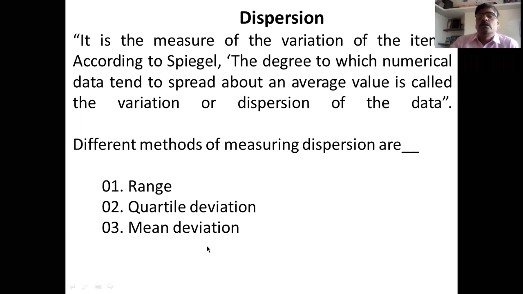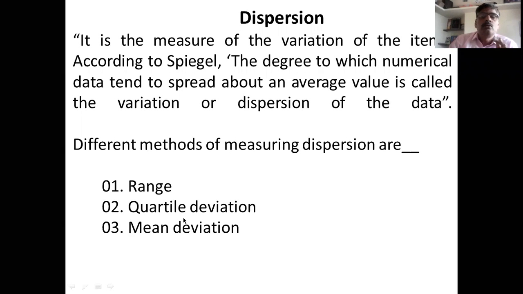Third is the mean deviation. Deviation or dispersion is calculated on the basis of the mean, meaning average. Average may be arithmetic mean, median, or mode. On the basis of these three, we have to calculate the mean deviation.